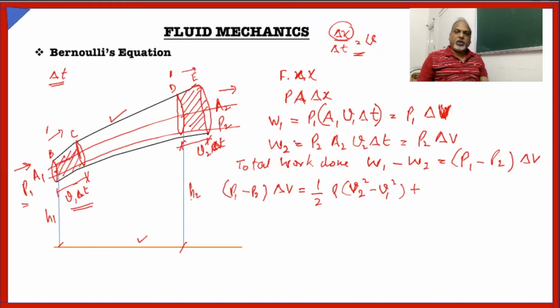That is mgh. mgh we can write rho g h2 minus h1 into delta V. Delta V will be there because m is what here? Rho into delta V. In mgh also m is what? Rho into delta V. Correct? Now delta V will cancel out.